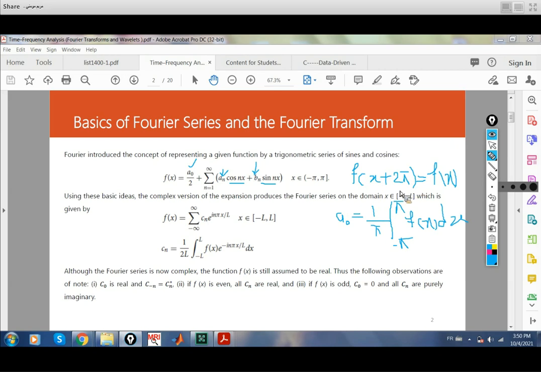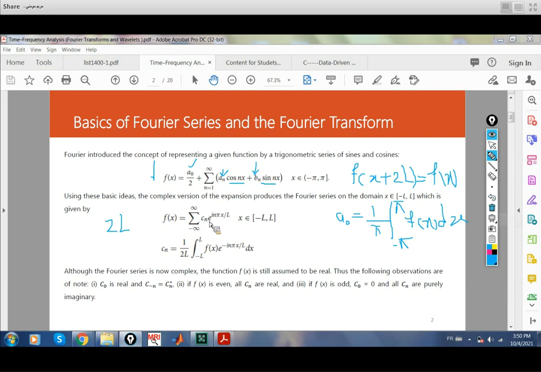I mean, instead of 2π, maybe we have 2L as a generic periodic duration. In this way, again, we have a real representation of the Fourier series. Besides, we can represent the Fourier series in a complex version like this.